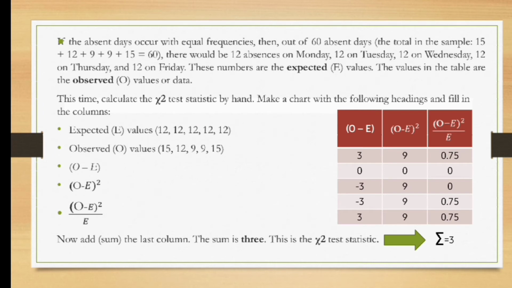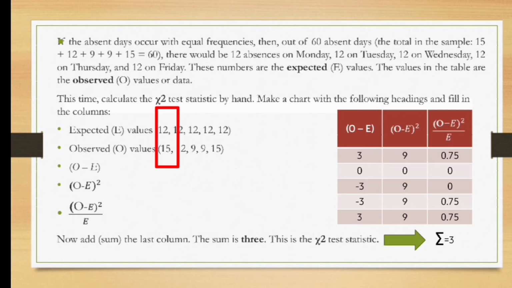This time, let's calculate our test statistic by hand. Make a chart with the following headings and fill in the columns. I made a table for the difference of the observed minus expected, the square of their difference, and the observed minus expected squared divided by the expected.